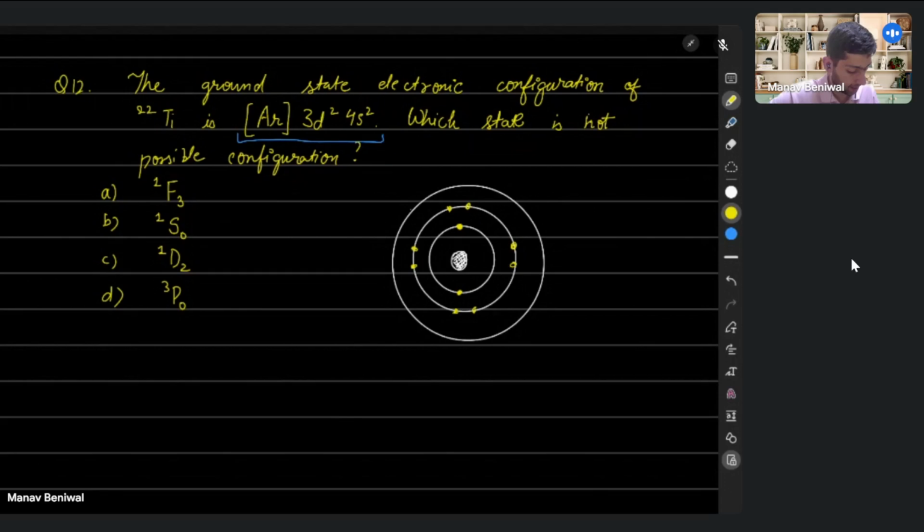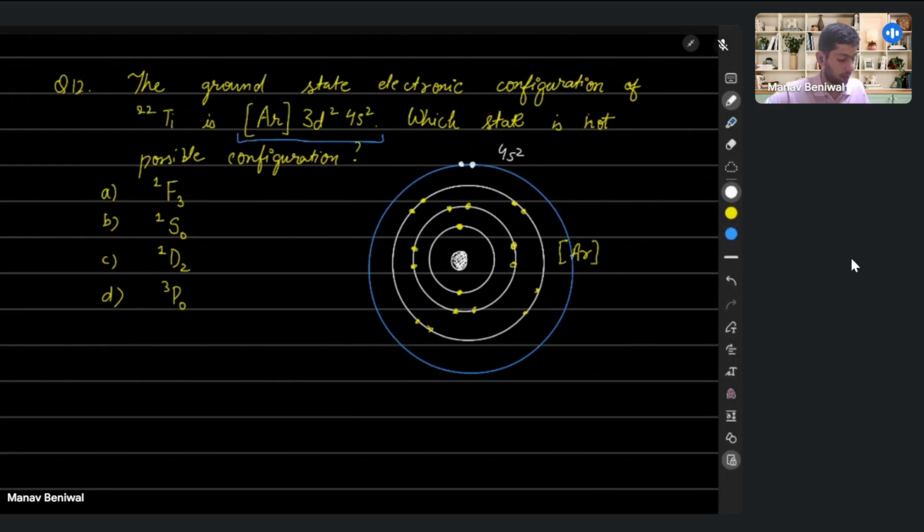Then again 8 in n equals 3, and this forms your argon. Now you will have n equals 4, and in n equals 4 you will have 2 electrons, so this is your 4s2, but also in the 3d you will have 2 electrons. So this is your 3d2.